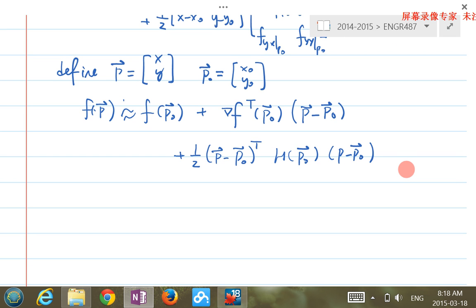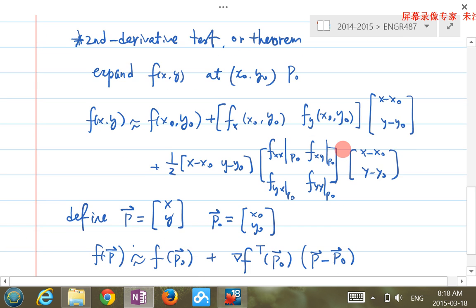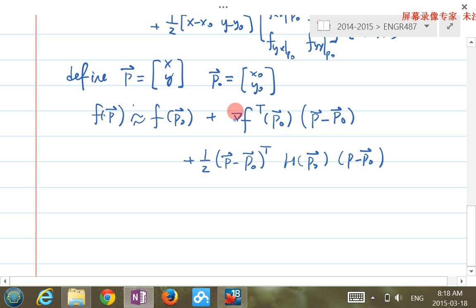So now let's get back to finding the local min and local max case. Local min and local max means we take the first derivative. So at the local min or local max, the stationary point, this term is 0.